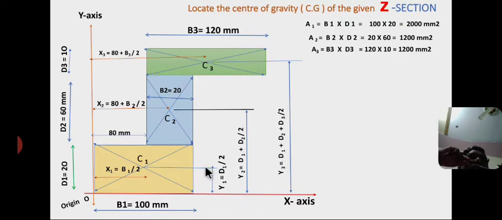So y3 equal to d1 plus d2 plus d3 by 2. Here x3 equal to gap 80 mm plus half of the base, that is 80 plus b3 by 2.